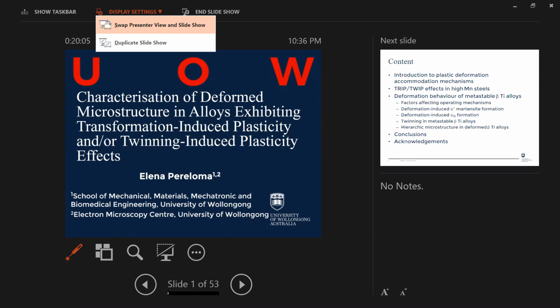Do the swap. Yes, already. I don't think you pressed it. Maybe it's still active. We can still see your preview of the next slide. Yeah. Interesting, because I swapped the screen. Okay, then it's frozen. Perhaps you can stop sharing and restart sharing again.